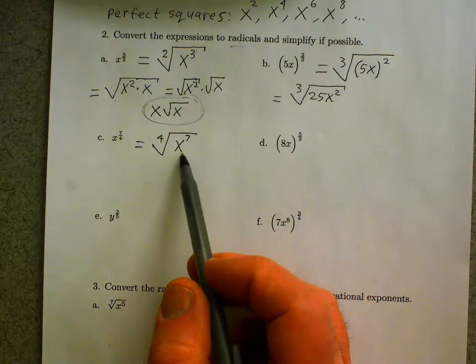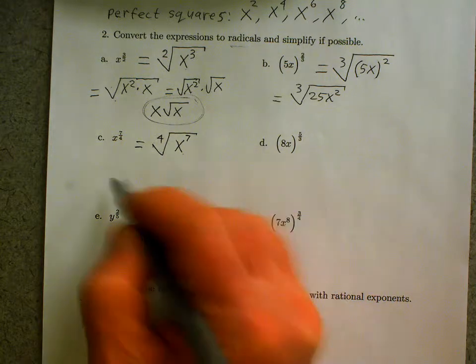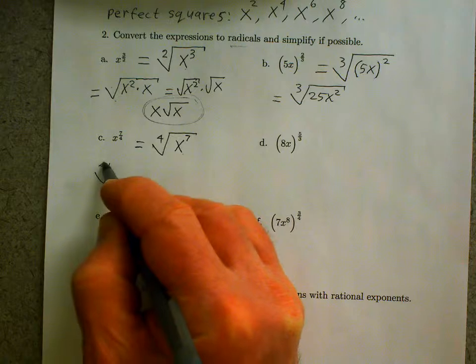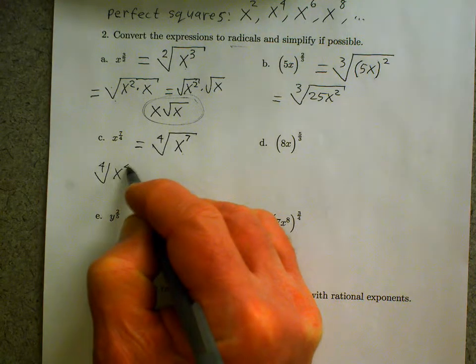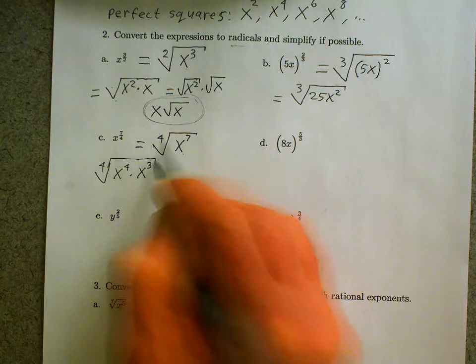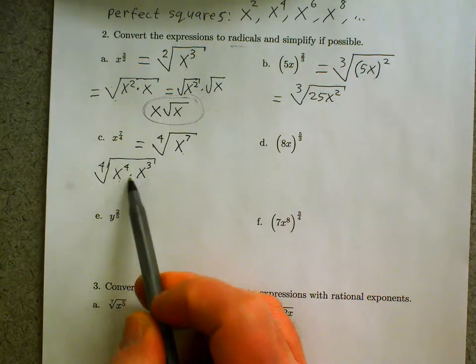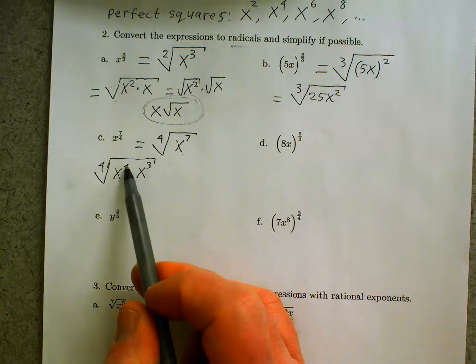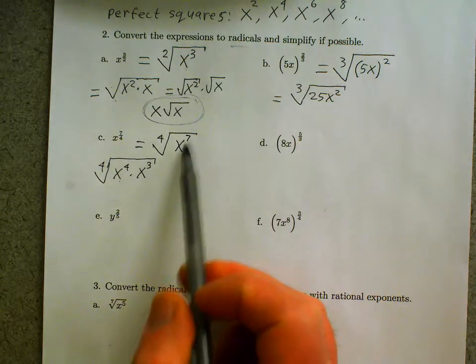So we can rewrite the 4th root of x to the 7th as the 4th root of x to the 4th times x to the 3rd, because x to the 4th times x to the 3rd is x to the 4 plus 3, or x to the 7th.